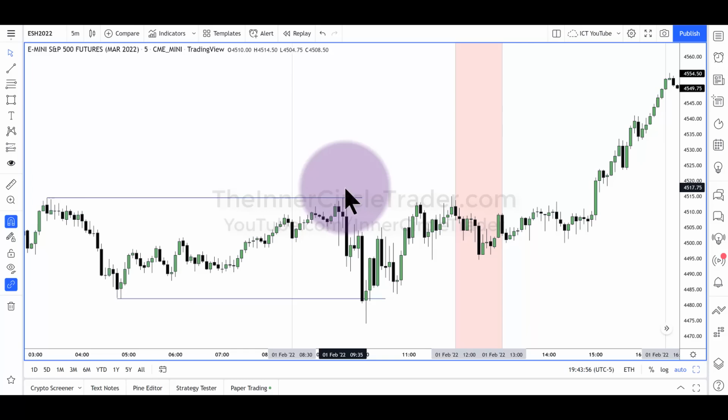Why would the price want to go for those stops? It didn't make any sense, because the books I had bought never really explained all that in detail. They just said, trust this continuation or reversal pattern. And the idea of stop hunts or raids on liquidity never really came up. So it was an alien topic to me. When I started delving into the charts and looking at it, it helped me.